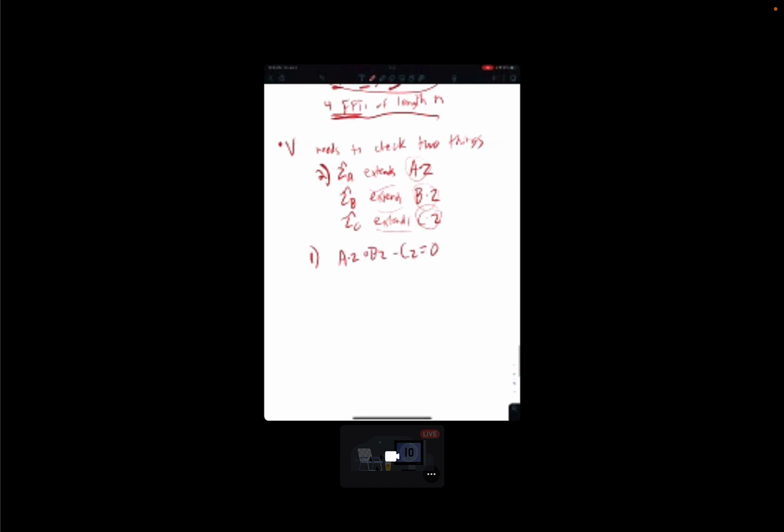Another way to express that is to say that for all nth roots of unity h, za hat of h times zb hat of h minus zc hat of h equals 0. So that's just another way of writing out these constraints.